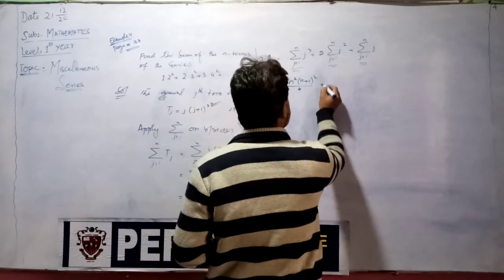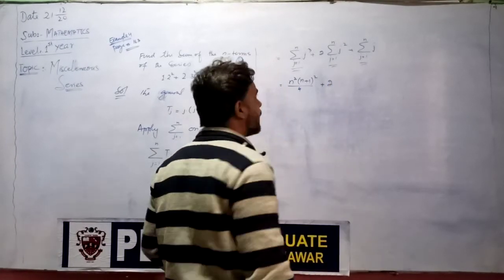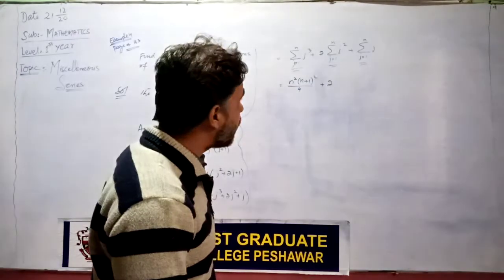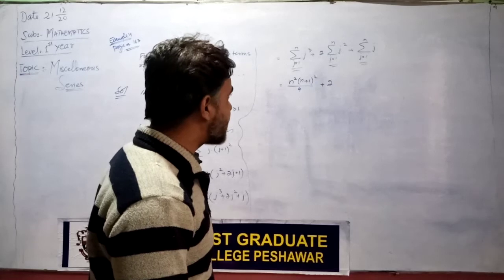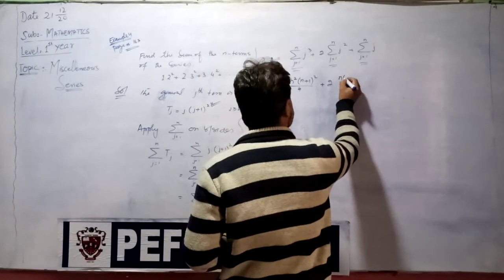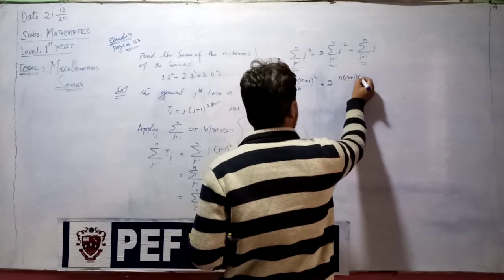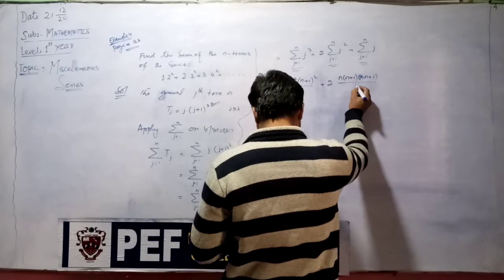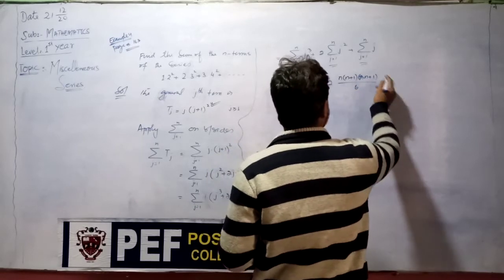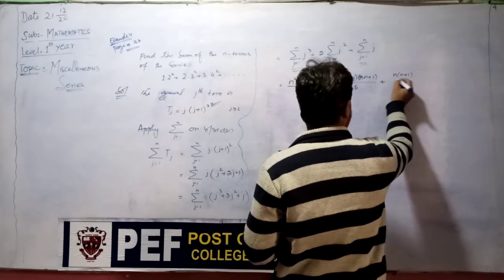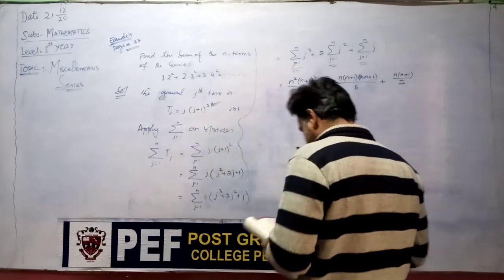Similarly, this is 2 times the summation of the squares of the first n natural numbers, and we have already calculated that this formula is n times (n plus 1) times (2n plus 1) divided by 6, and this formula is n times (n plus 1) divided by 2.